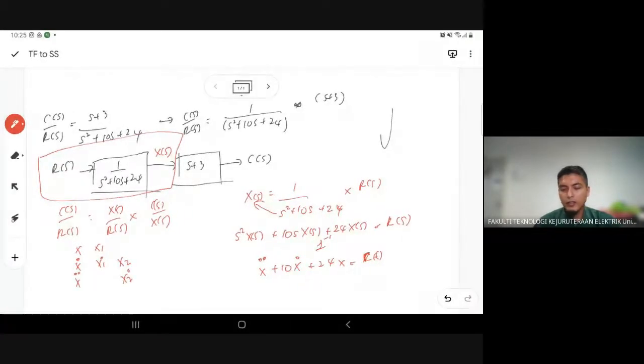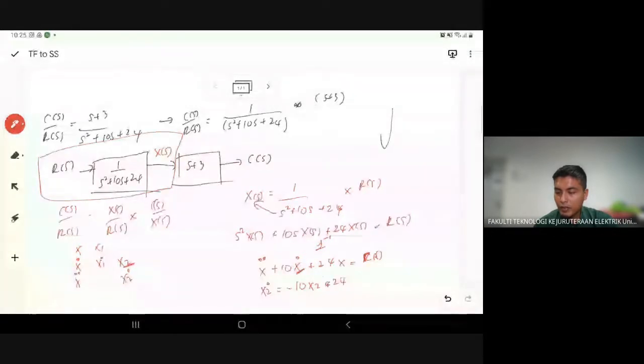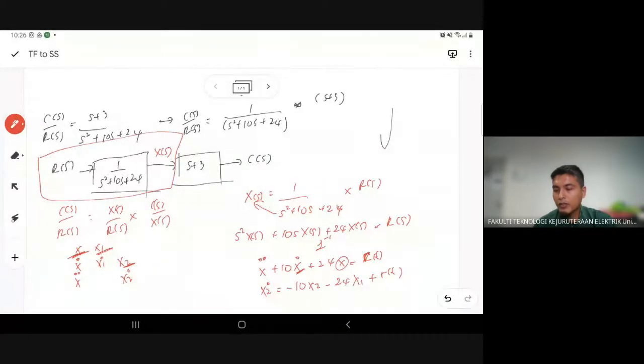And finally, you can get x2 dot equal to negative 10 x2 minus 24 x1 plus r(t). So this is your x2 dot.